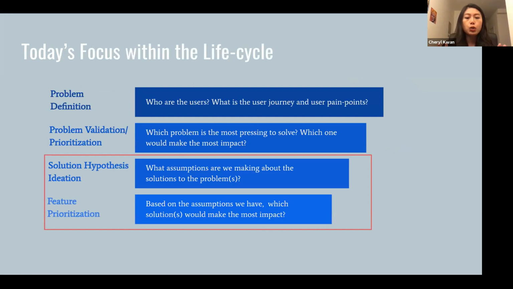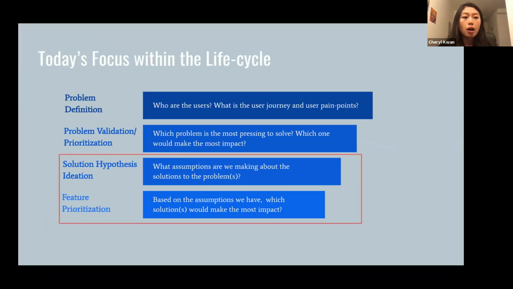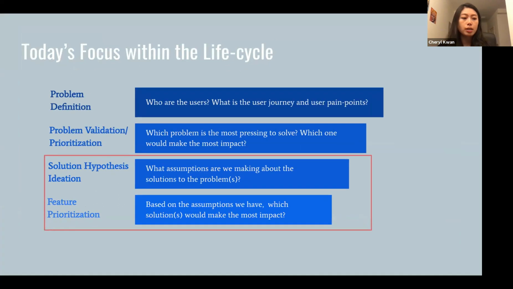So first, I just want to do a bird's eye view of what today's focus is. For the product development lifecycle, there are 4 main components. And the first one is problem definition. Who are the users? What's the user journey and the pain points? Problem prioritization. What's the most important problem to solve for? And what's going to make the most impact on your users?